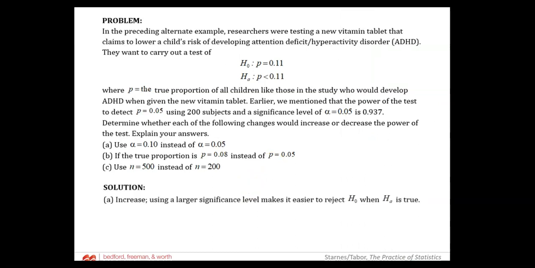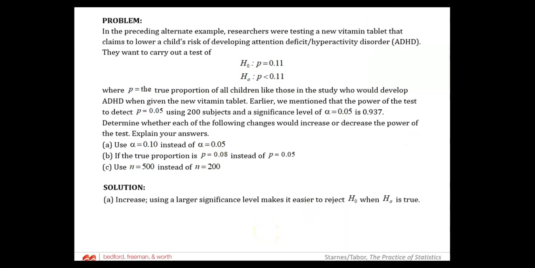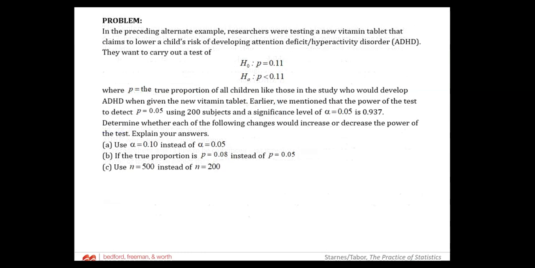Increase. Using a larger significance level makes it easier to reject the null when the alternate is true. Okay, let's look at the second one, part B: if the true proportion is P equals 0.08 instead of 0.05. So let's look at that.